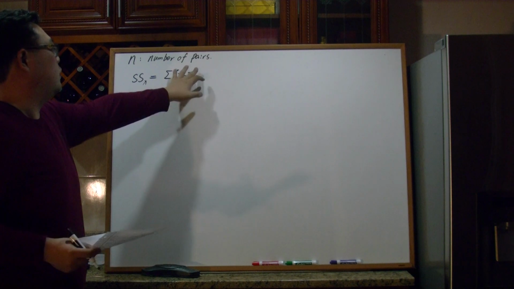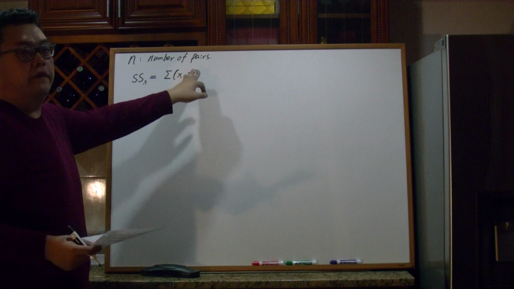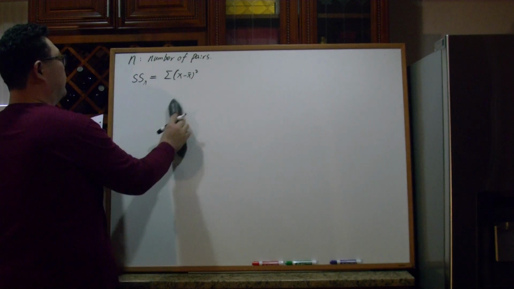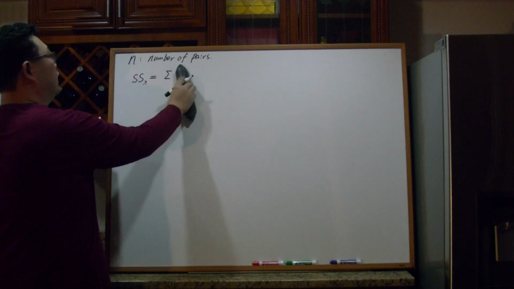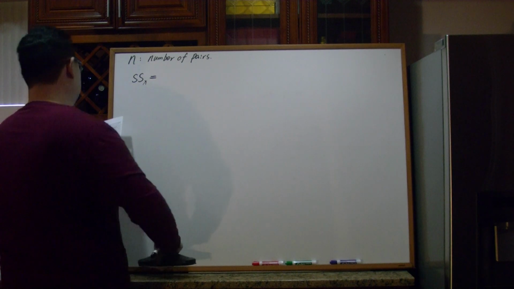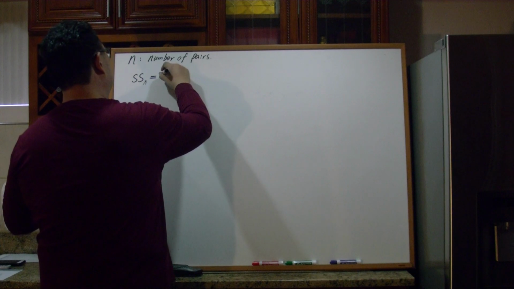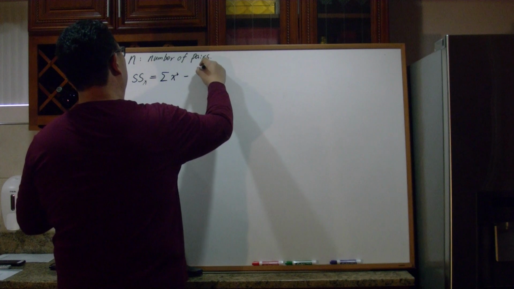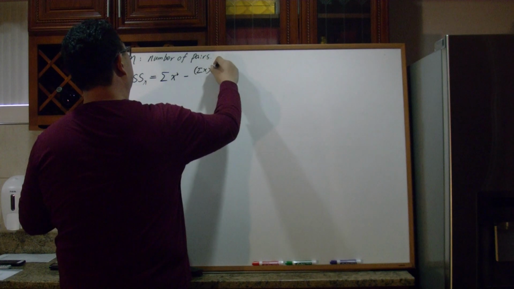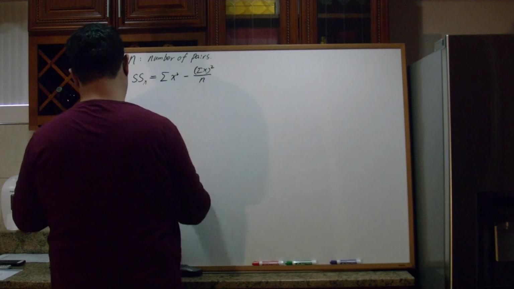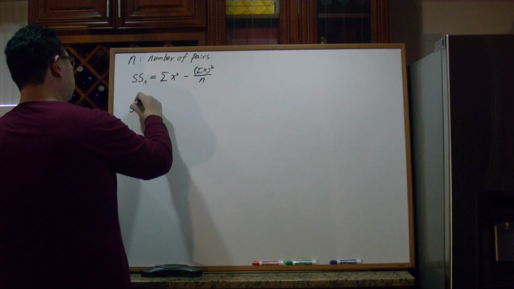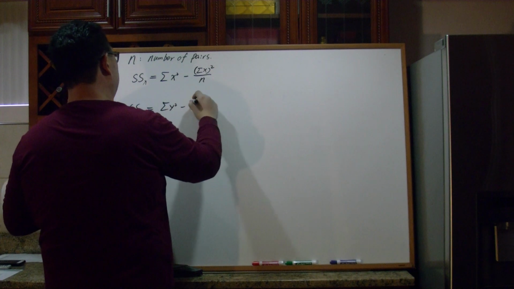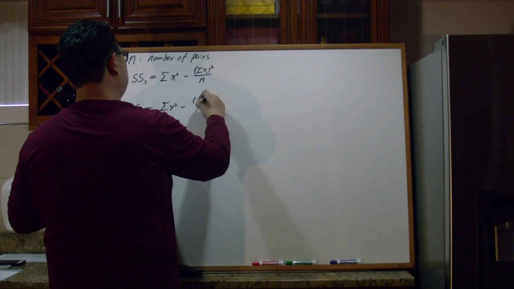When we sum the squares, that is the sum square of error of our x, which by definition, as we have seen, is the numerator part of the variance of the data set. And then we calculate it as the sum of x squared minus the square of the sum of x over n, and the sum square error of y, that is the sum of y squared minus the square of the sum of y over n.